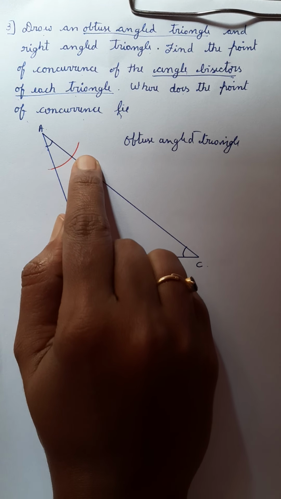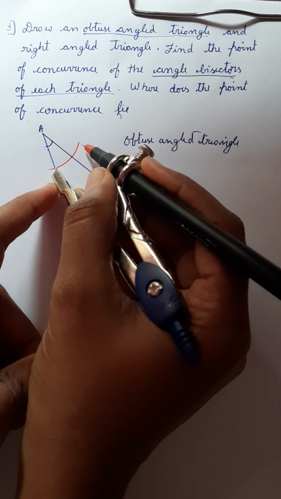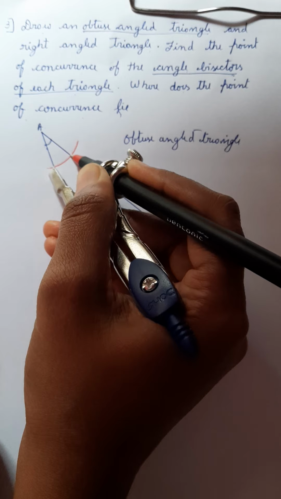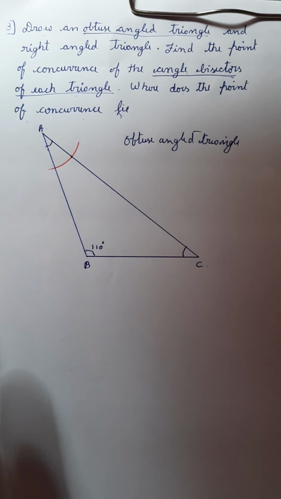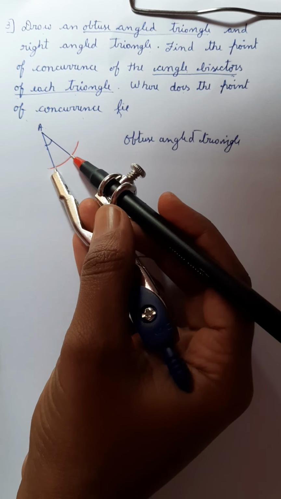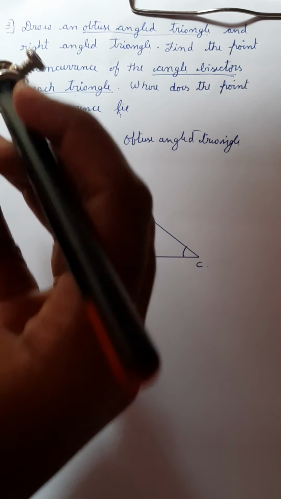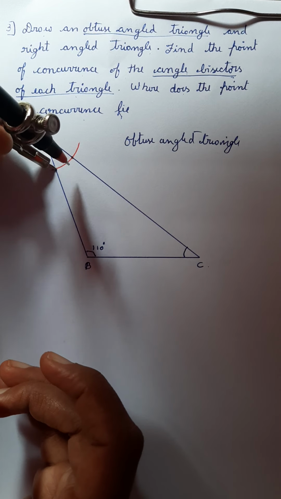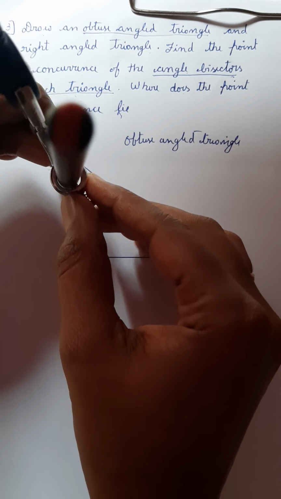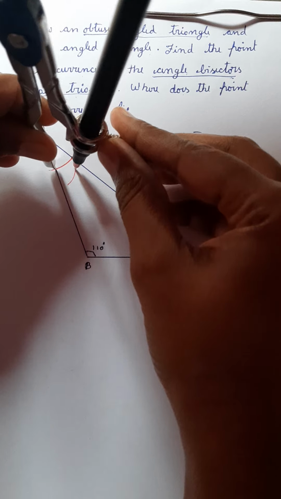and wherever it meets, take the measure of those intersection points, and with this measure, keep on the first point and cut the arc.